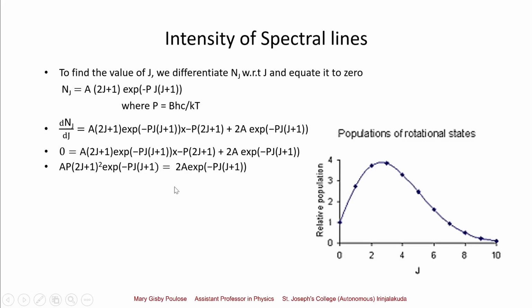So cancelling it, we get p into 2J plus 1 whole squared is equal to 2. That is, 2J plus 1 is equal to square root of 2 by p, and we can write J is equal to square root of 1 by 2p minus half.